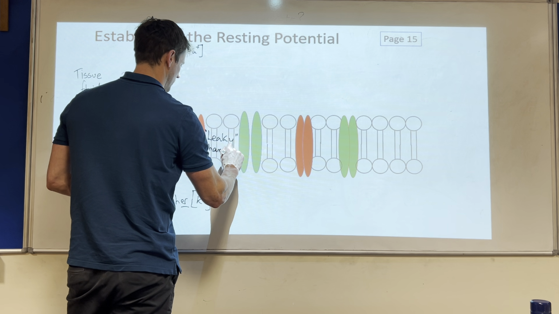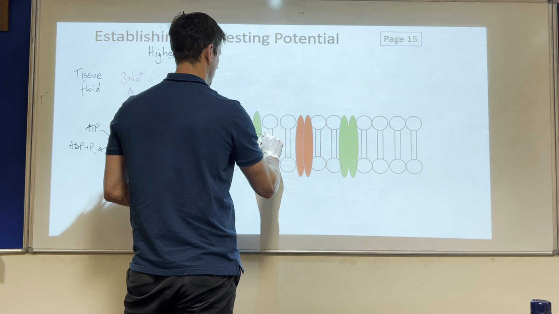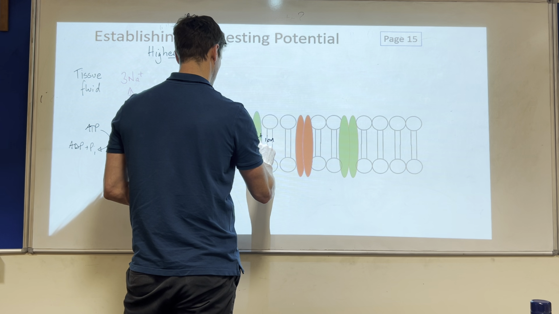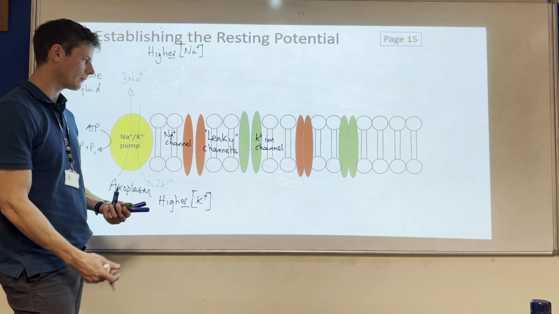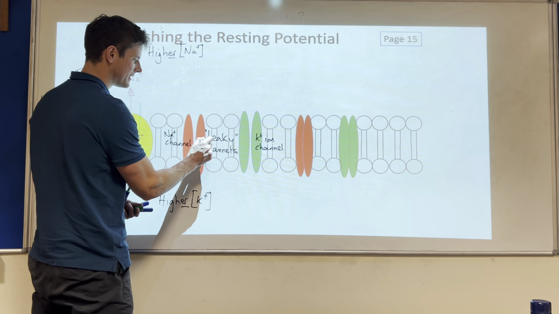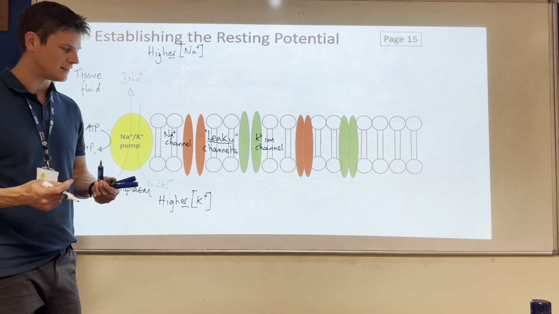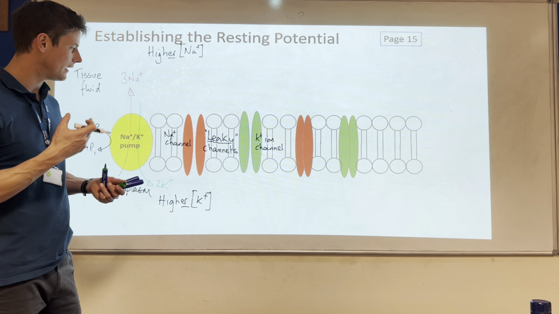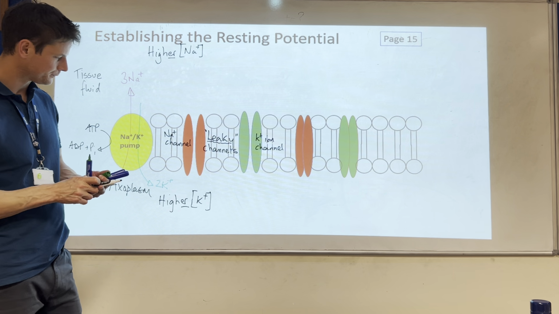On the right, we've got a leaky potassium ion channel. Okay, now you don't need to use this term leaky for AQA, but you will see it in certain textbooks and online and things, and it quite nicely demonstrates what's going to happen next.